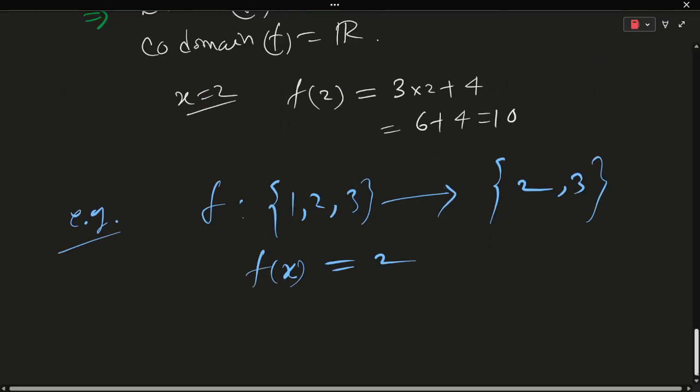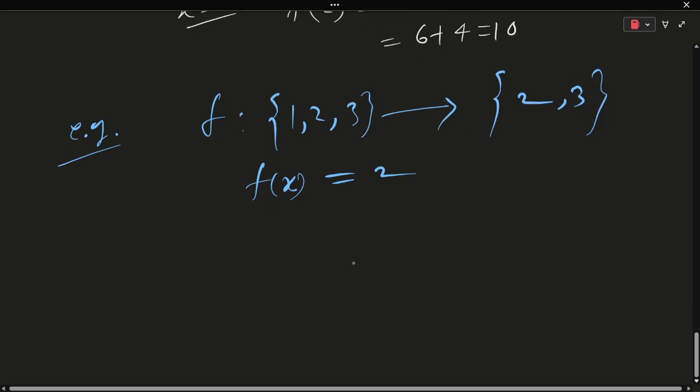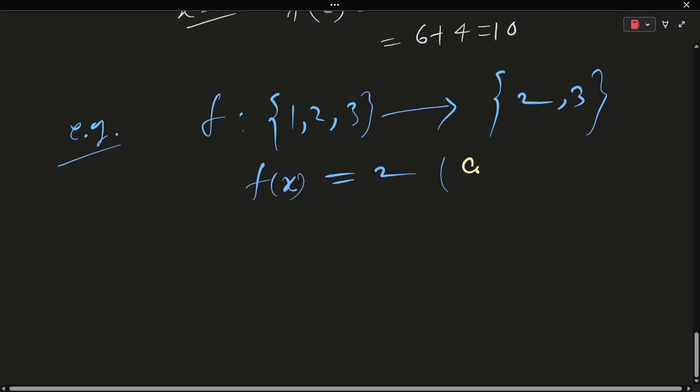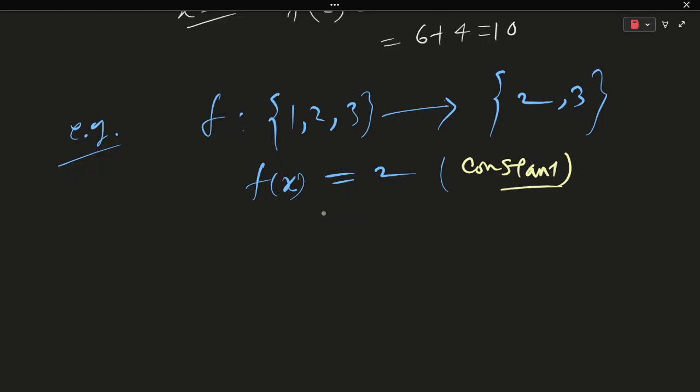This name is constant function. This type of function is called a constant function. So for every value of the domain, if the range is a singleton set, then it's called a constant function.